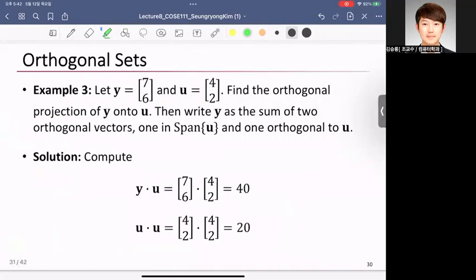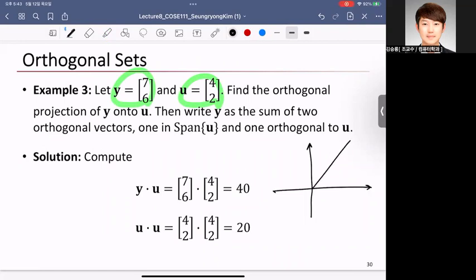Let me show you an example. Let's say y is equal to here, u is equal to here. 7, 6이니까 y가 이렇게 있겠죠? 조금 이쪽으로 기울었겠네. y, 그렇죠? And u is 4, 2, maybe here, 그렇죠?